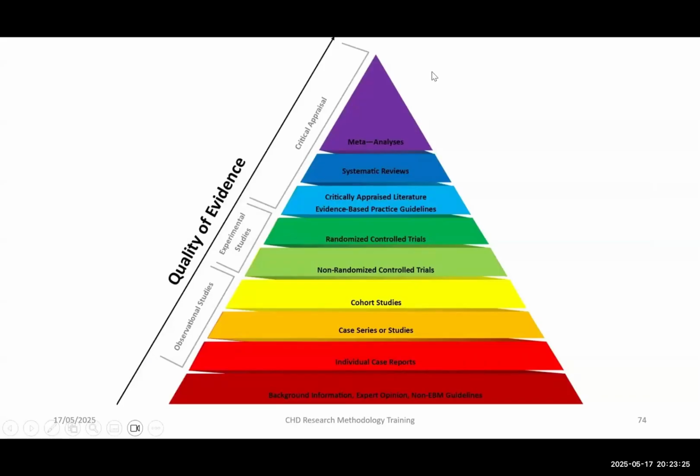Please, can you clarify the major difference between a retrospective cohort study and a case control? So remember I said, I can't hear you anymore, but I believe you're asking the difference between a case control and a retrospective cohort.